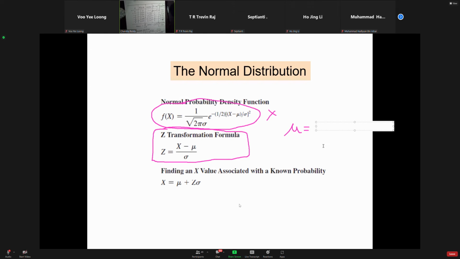If you just say mean, that's not sufficient. It is the population mean. Sigma? So what is sigma? Yes, population standard deviation.